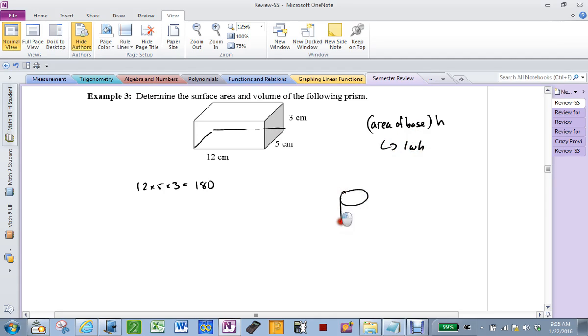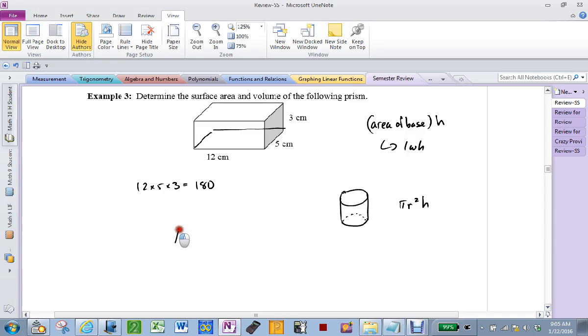If it's a cylinder, it's base area times height. What's the base? A circle. So it's pi r squared times height. That is where we get the actual formula from this basic formula. Okay? Everybody good?